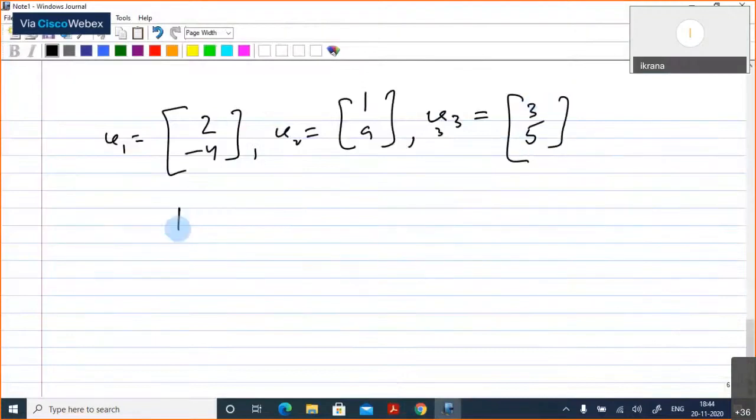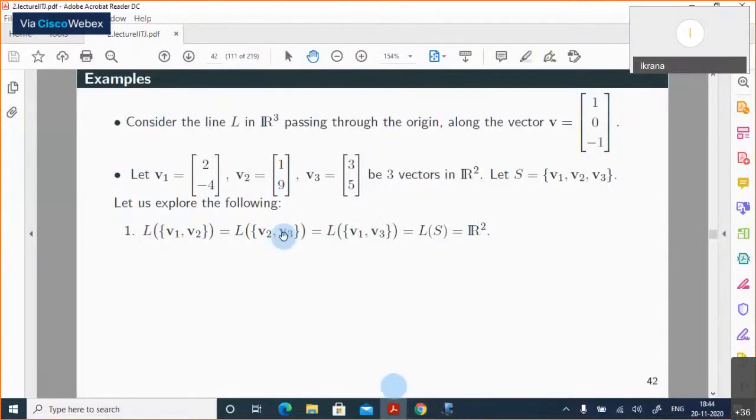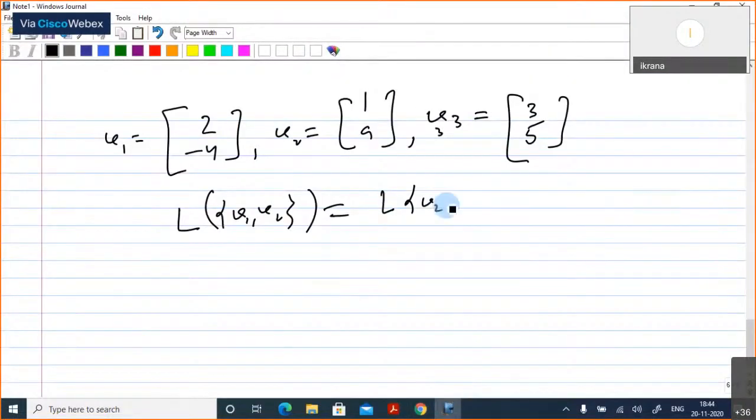And we are trying to see, can you say that the linear span of v1, v2 is equal to the linear span of v2, v3? What is the question?